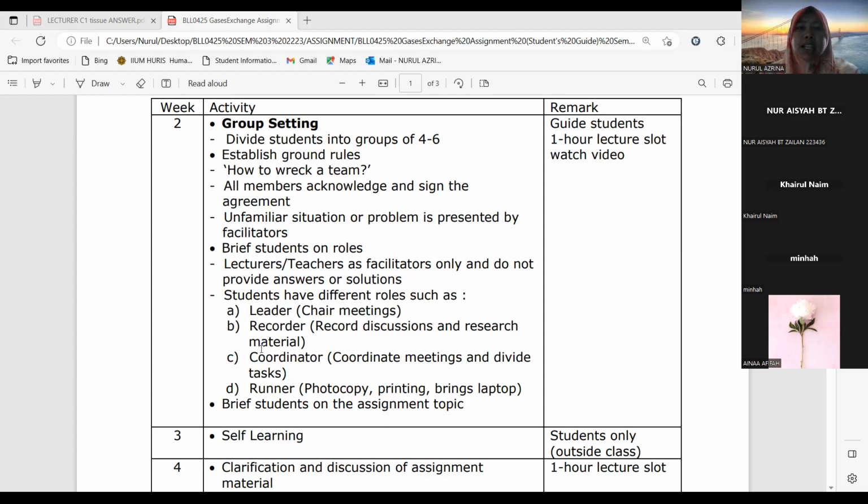This is my suggestion, one of the tasks of the coordinator. To coordinate, make sure everyone is doing the task following the timeline given, and the coordinator is the last person, or maybe together with the leader, who will check all the formatting, numbering of figures, spacing, font type, and so on. Okay, right.